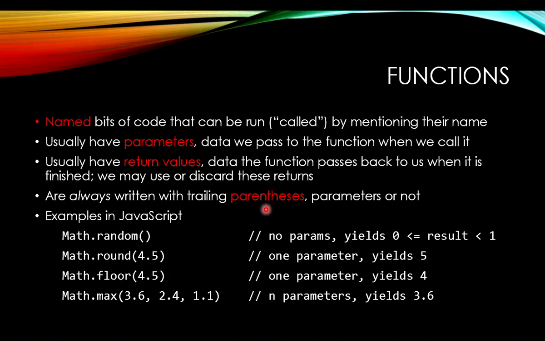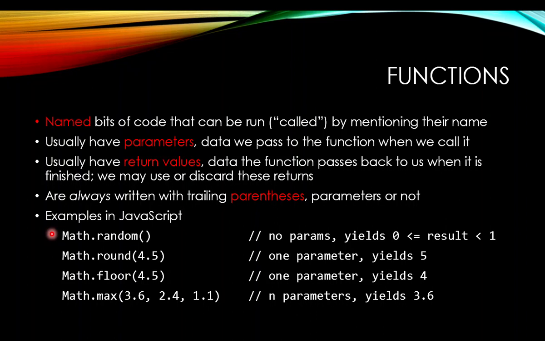We always put the name of the function and then we put parentheses. We put the parentheses even if there are no parameters to the function. So just get in the habit of every time you type the name of one of these things, you're going to automatically follow it with open and close parens, and then you come back and fill it in if that's appropriate.